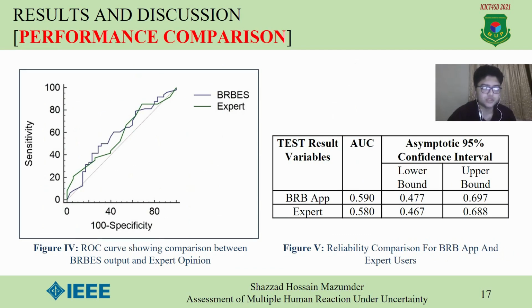The blue ROC curve in this figure is associated with the output by the BRB and with an AUC of 0.590, and the green line indicates the ROC of expert opinion with an AUC of 0.580. Higher AUC value denotes that the system is more accurate and generate reliable result.